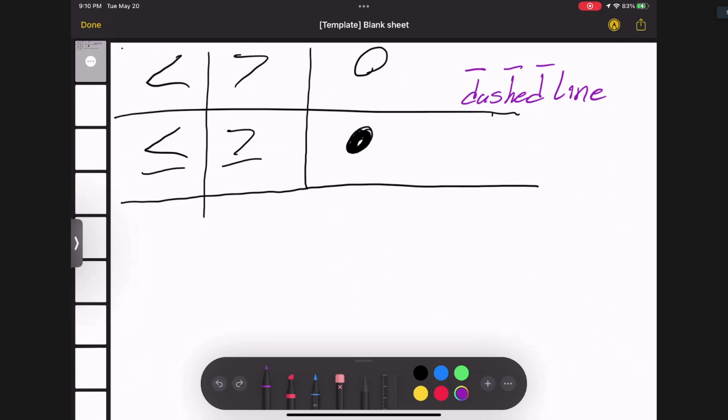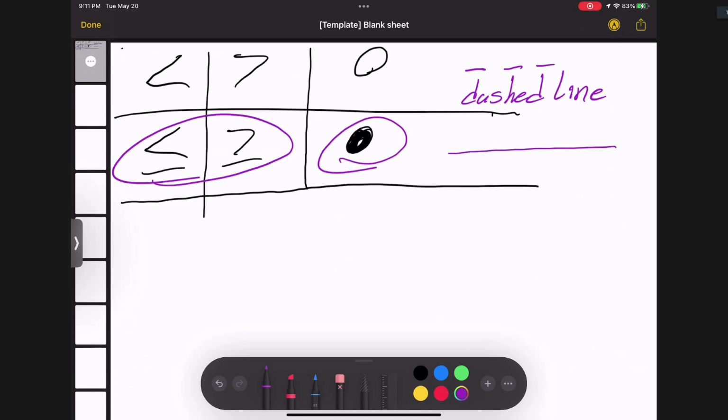There's so many names for that dashed line. Now, for the line that you see underneath the inequality, that is an inclusion inequality. That's going to be included. Less than or equal to, that's going to be for the closed circle. The inclusion line is going to be a solid line.